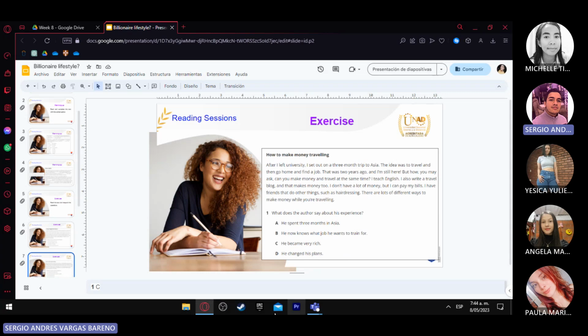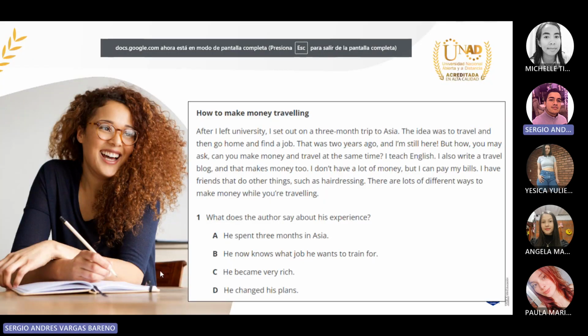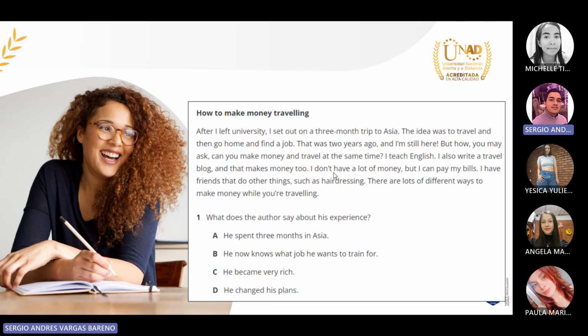So, yeah, the letter in the page says it's the letter C, so it's wrong. It's wrong because the letter C is he became very rich, but no. In this part, he said, I don't have a lot of money, but I can pay my bills. So he only has enough money to survive.